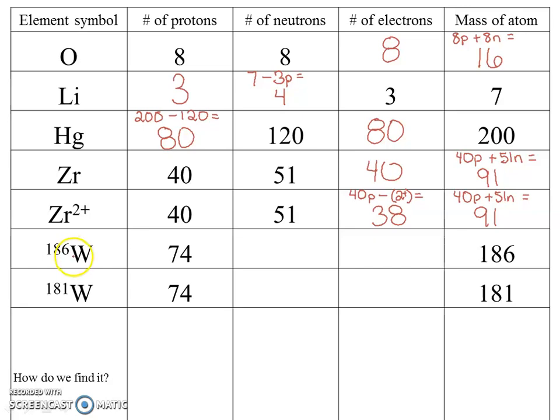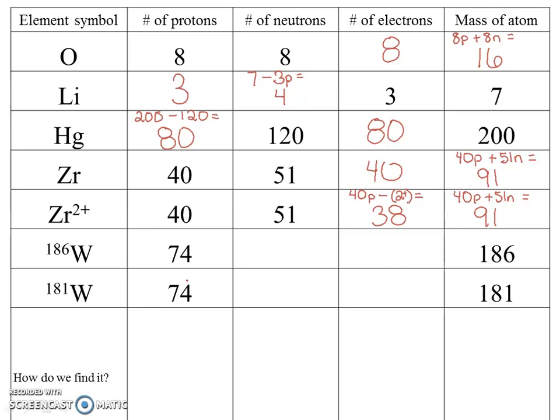But if you remember from 2 videos ago, this is tungsten 186 and tungsten 181. That means that the first one has a mass of 186 and the second has a mass of 181. Again, not surprising, they have the same atomic number, the same number of protons, 74.